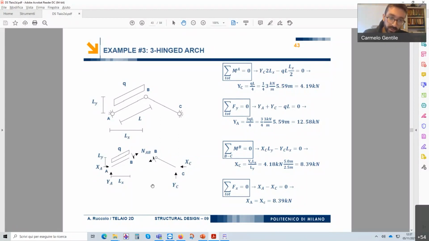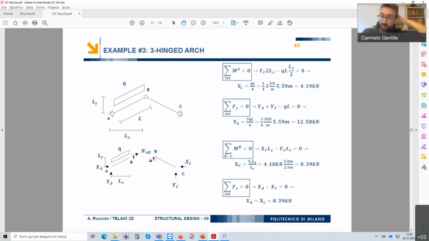And we compute the moment of rotation of all the forces with respect to node B, of all the forces applied on the beam BC. Theoretically, also the axial force and the shear force that the beam AB exchanges with the beam BC appear.